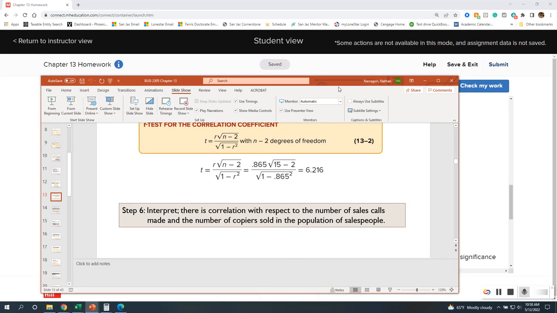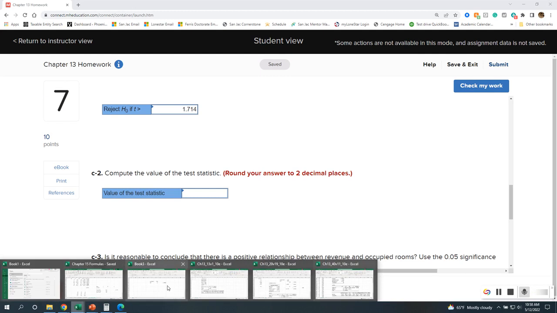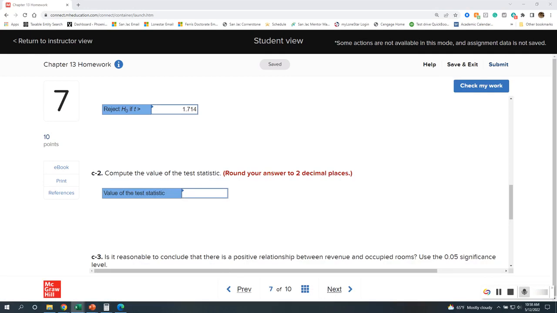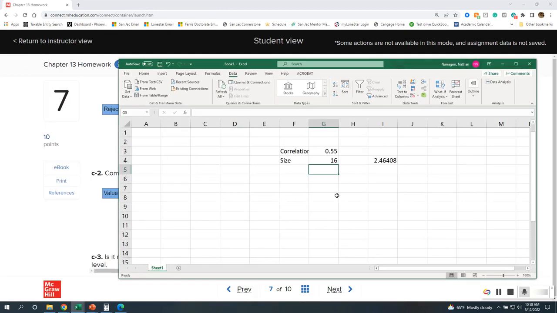So we can quickly put that in. And again, don't we have this already? Let's see. Yeah, we have it on this sheet. All we needed was the correlation and the size. Well, we've already figured out the correlation to be 0.393, and the size is 25. We have 25 numbers, so we're looking at 2.04968.